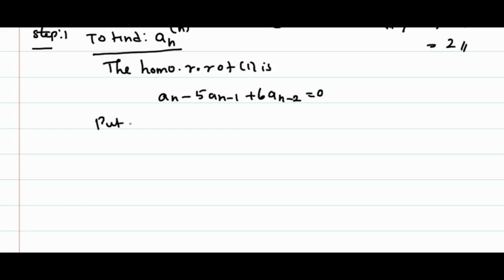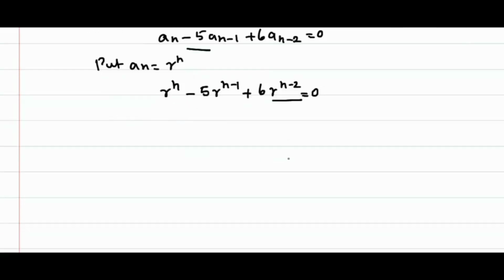Substitute a_n equal to r power n in this equation. So we get r power n minus 5 into r power n minus 1 (replacing n with n minus 1) plus 6 into r power n minus 2 equal to 0. Here the least term is r power n minus 2, and we always take the least term outside. Taking r power n minus 2 outside, r power n can be written as r power n minus 2 into r squared, since if the base is the same we can add powers.